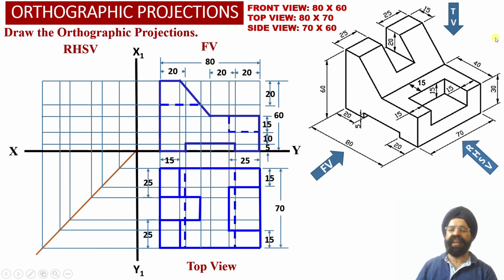Now another thing we need to observe over here, that corresponding to this inclined surface, we are going to obtain an apparent shape projection of this inclined surface into the top view projections over here.